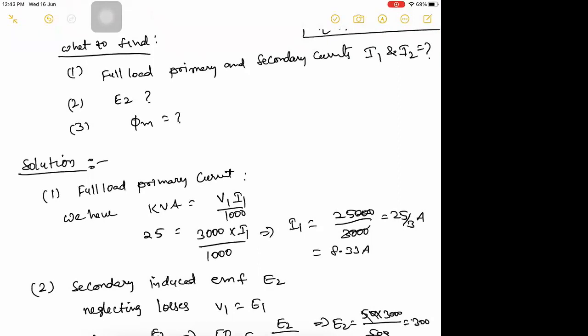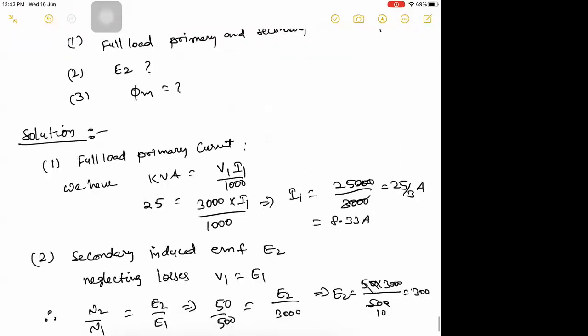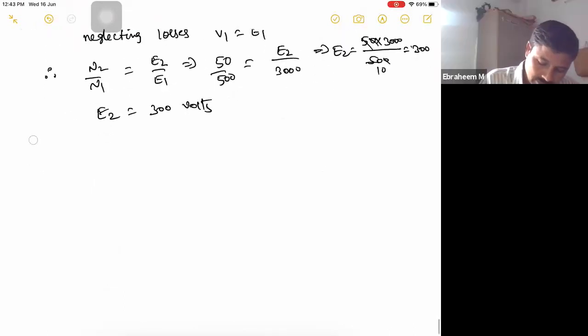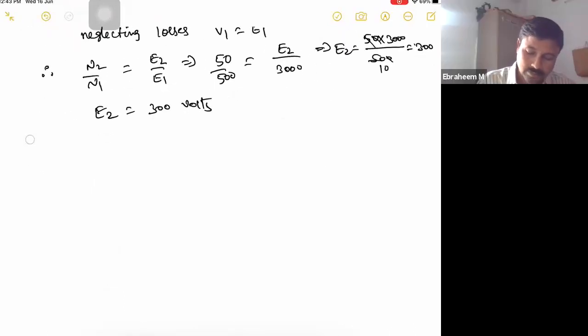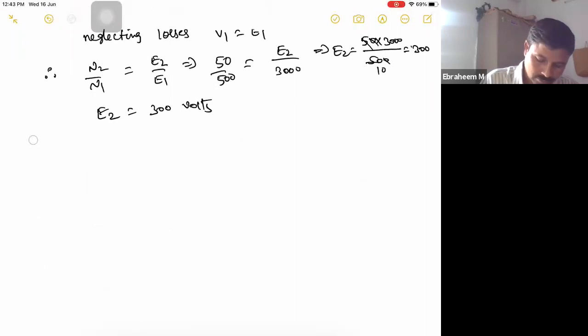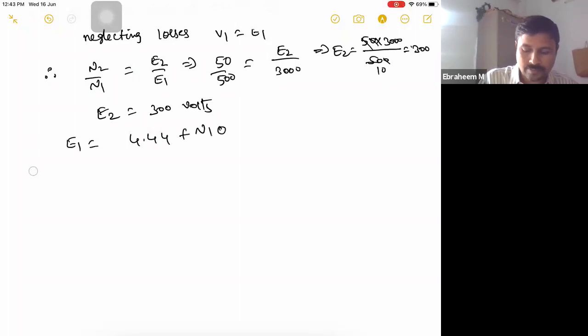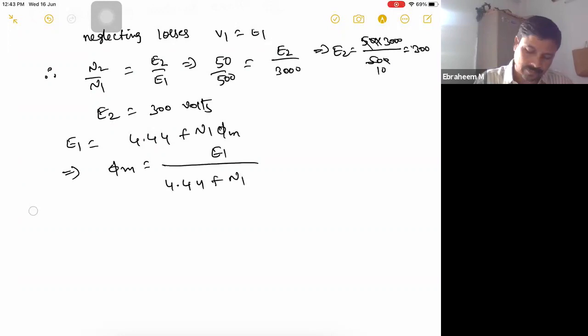Only flux is asked. So we can simply write E1 is equal to 4.44 F N1 phi maximum. That implies phi maximum is equal to E1 by 4.44 F N1.